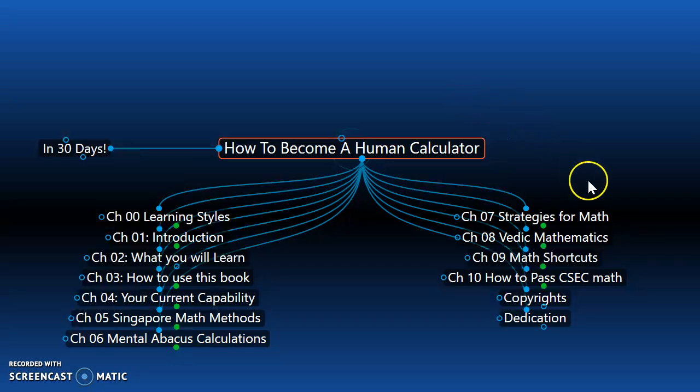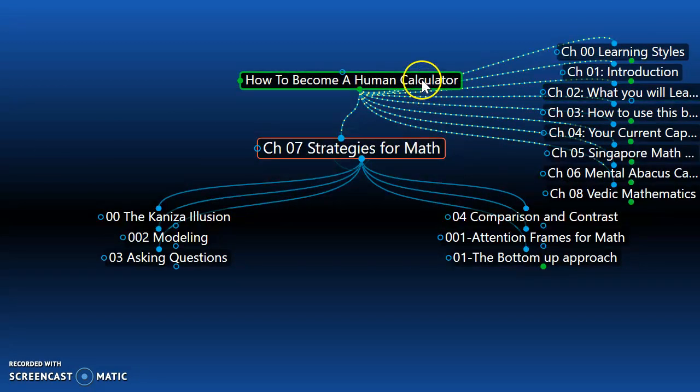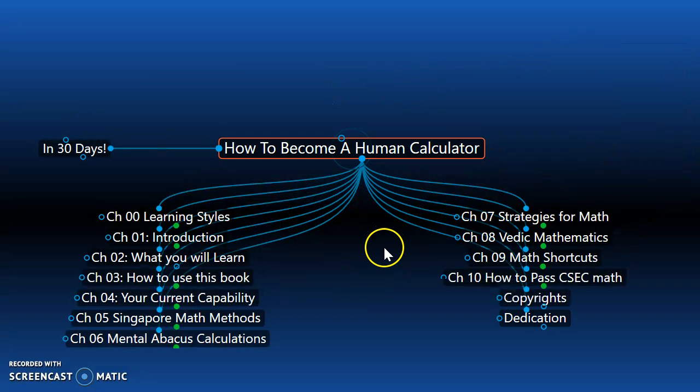Some of the techniques you'll be learning include the strategies used by outstanding students in Singapore, in Japan, in China, in Korea, and increasingly in a number of other countries.